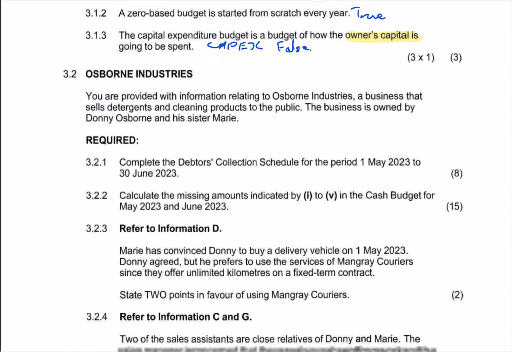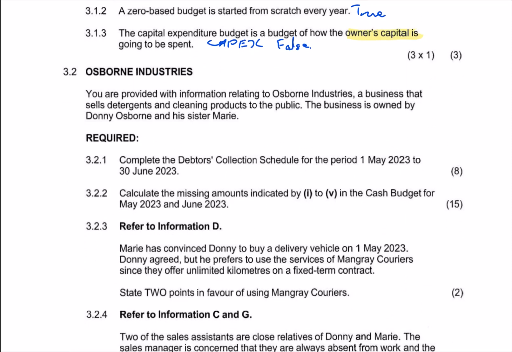Then you move on. You're provided with information relating to Osborne Industries, a business that sells detergents and cleaning products to the public. The business is owned by Donny Osborne and his sister Mary.